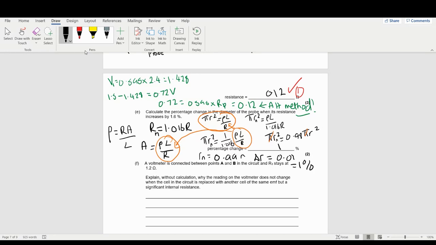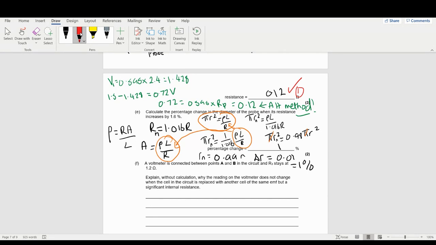Okay, so that was a bit long-winded. I do apologise. I made a mistake to start with, which just put me a bit on the back foot. But what I've done is I took the equation for the resistivity. I knew that the resistance had changed by 1.016, and this is representing a change of 1.6% numerically.